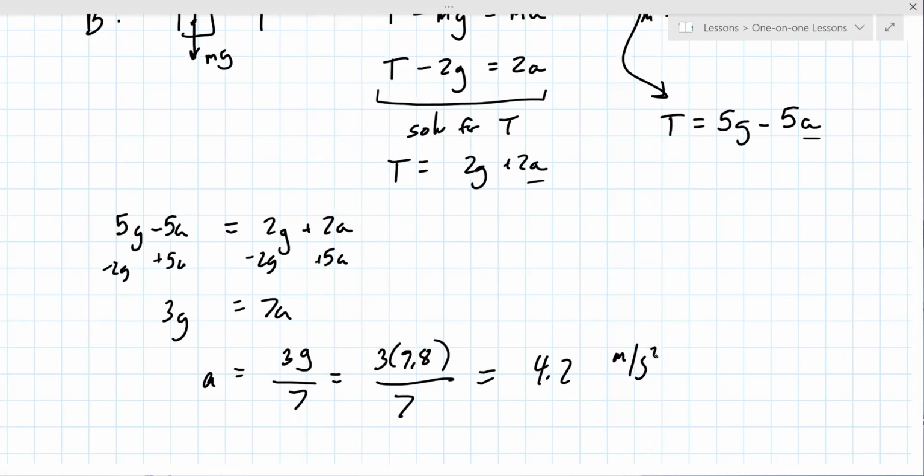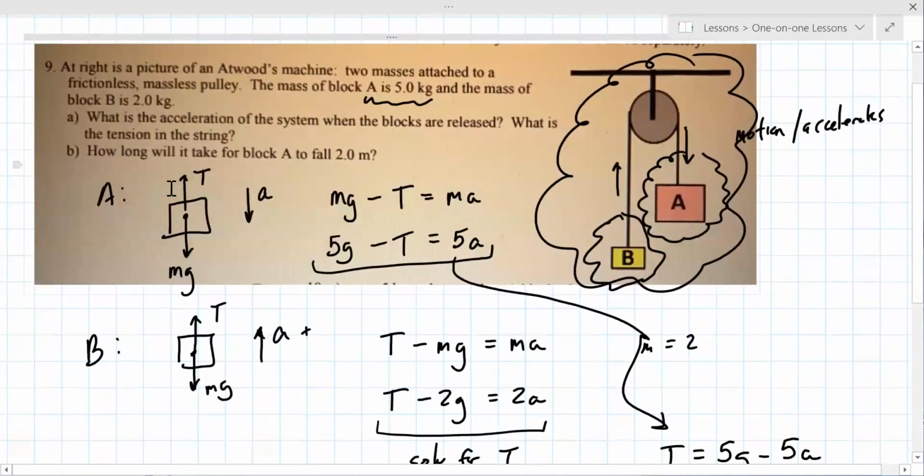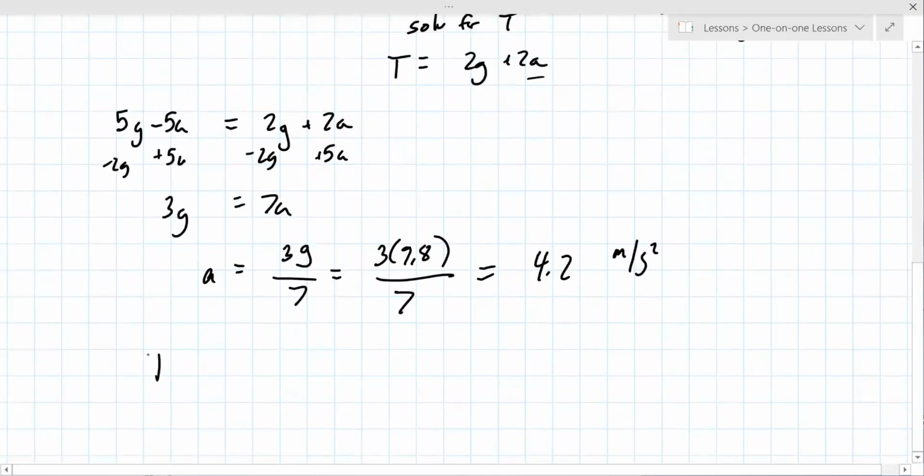What is the tension in the string? So now do we solve for both tensions? The tension is the same in the string, so you can use either equation, you get the same result. So 4.2 is the acceleration, and then for the tension in the string, I'm going to choose the 2g plus 2a.